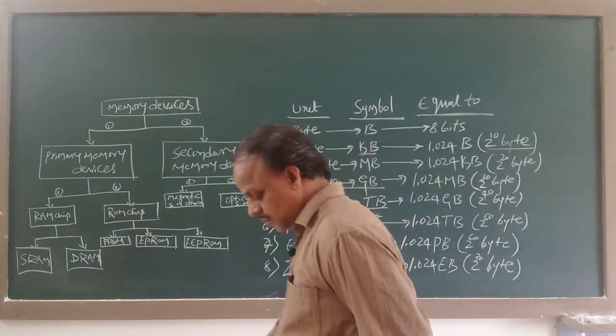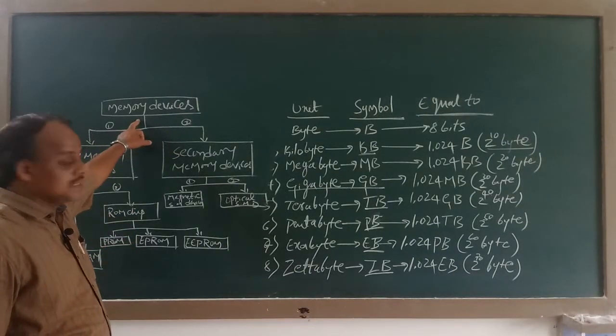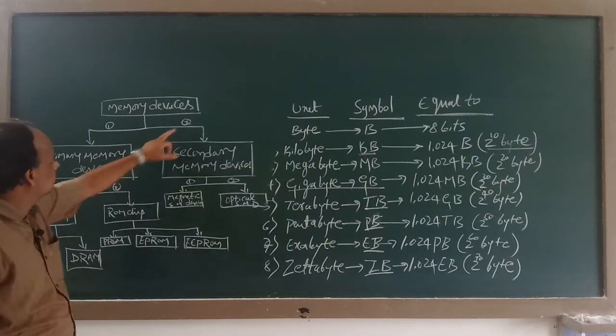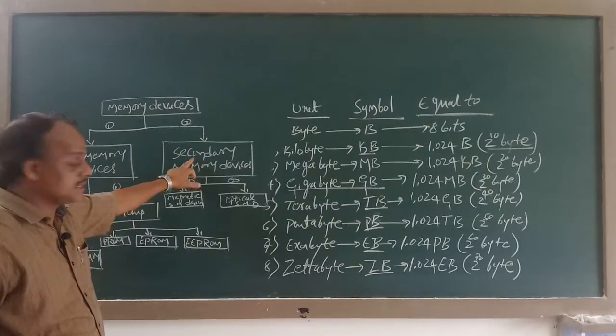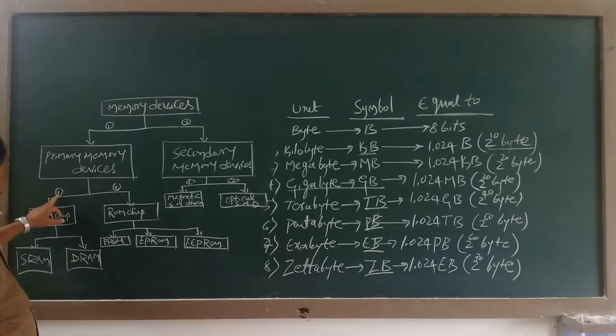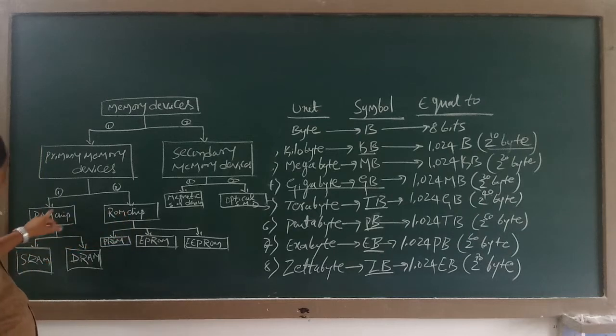See here, in the structure, memory devices are classified into mainly two types: primary memory devices and secondary memory devices. Again, in the primary memory devices, we have two types: RAM chip and ROM chip. Again, RAM chip has two types: SRAM and DRAM.